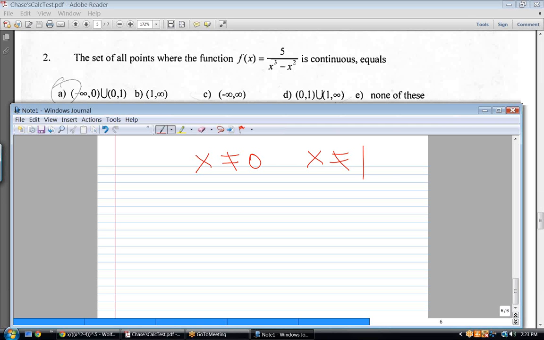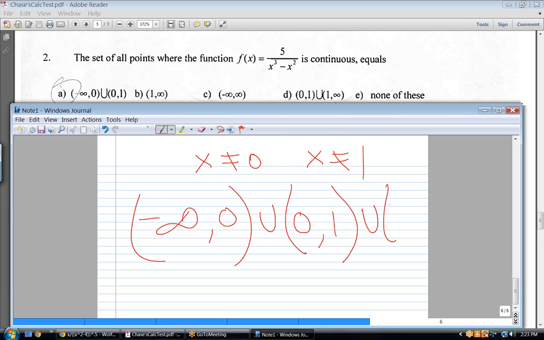So if I was laying out the domain here, I would say, well, it's continuous from minus infinity to 0, and from 0 to 1, and from 1 to infinity.